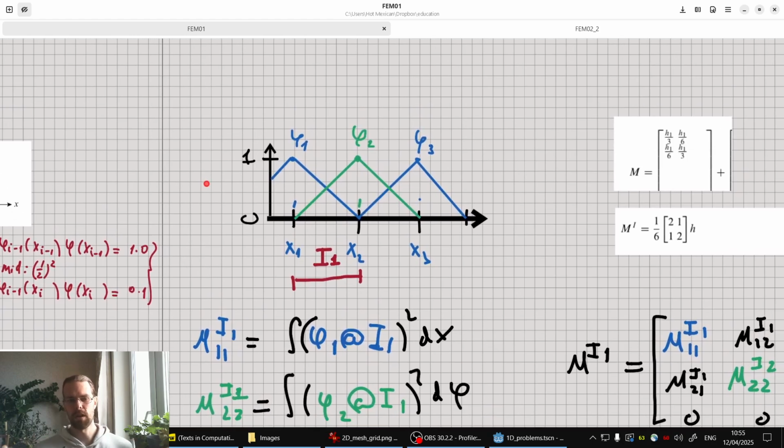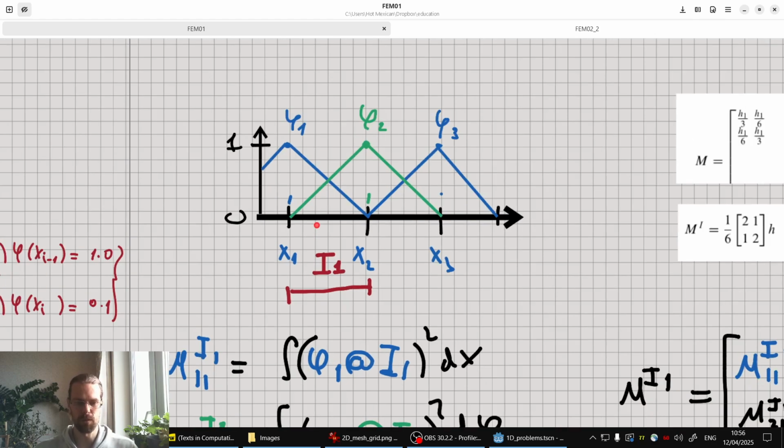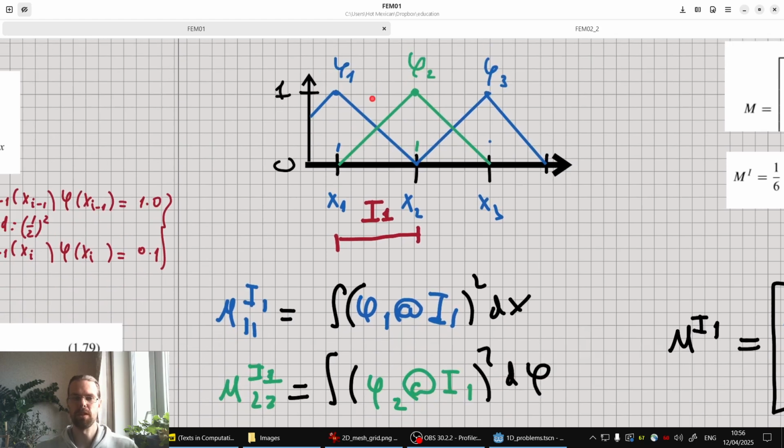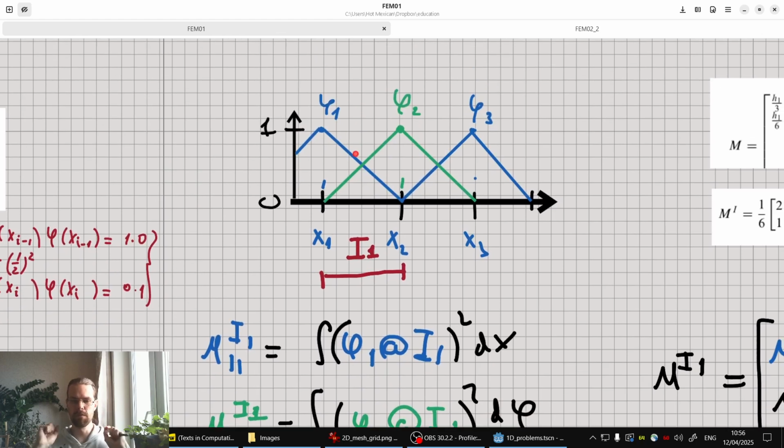And how I see it, if we go from viewing this problem from a basis function view to an element view, so this interval, which we'll call an element, we first of all notice a few important things. These intervals are partitions of the whole domain.